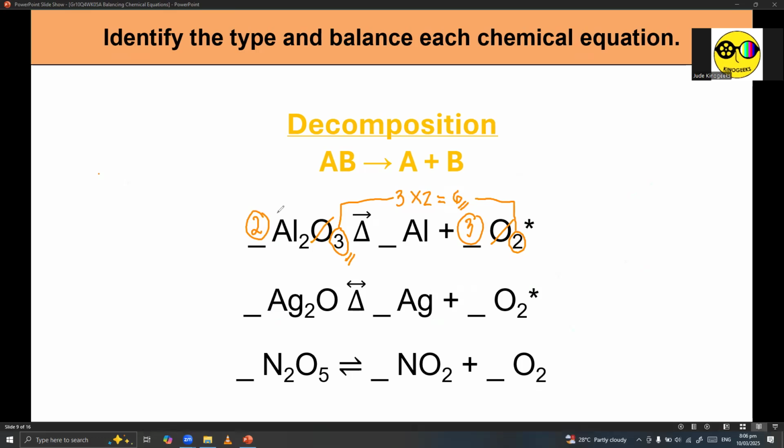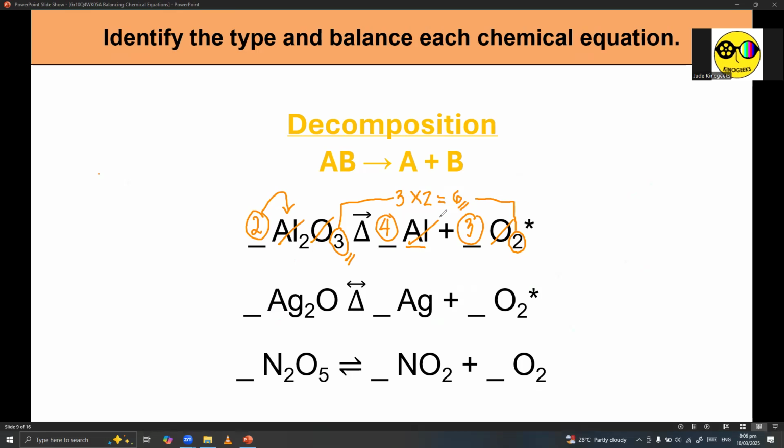So, ang maganda sa pag nag-start tayo with oxygen, at least in this example, is nadamay na si aluminum. So we have 2 times 2, 4 Al atoms on the left side, and we only have 1 on the right side, therefore we have to write number 4. And with that, aluminum is also balanced.